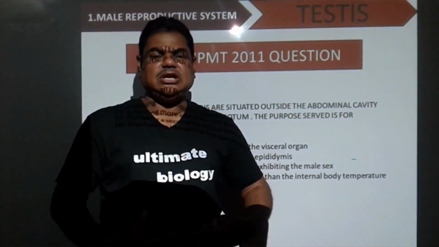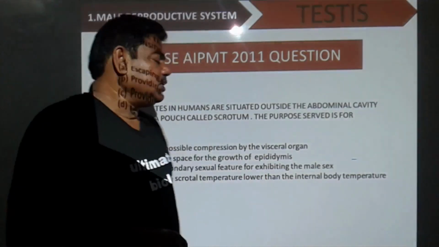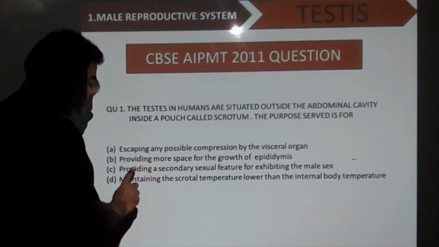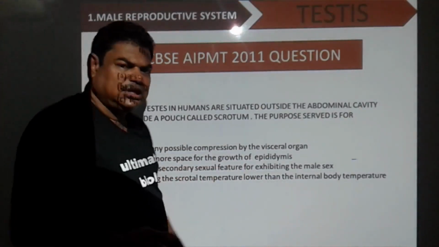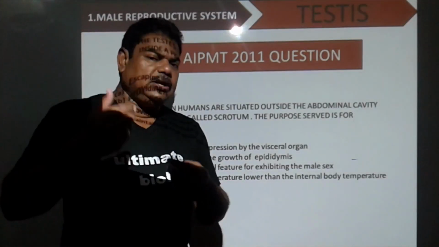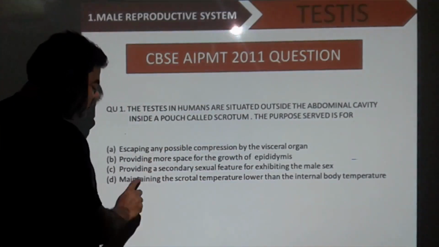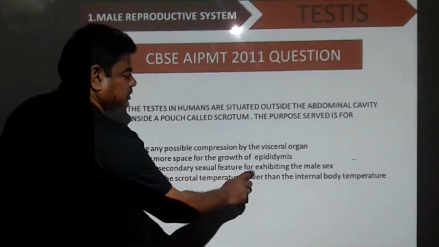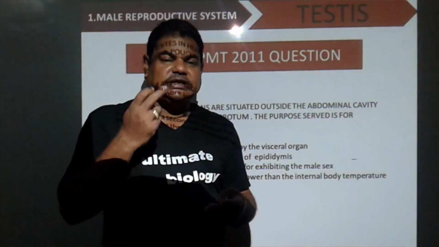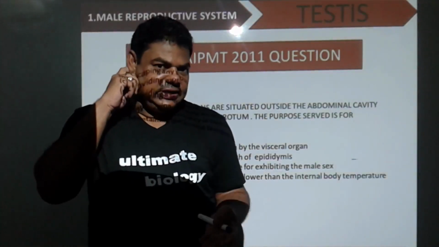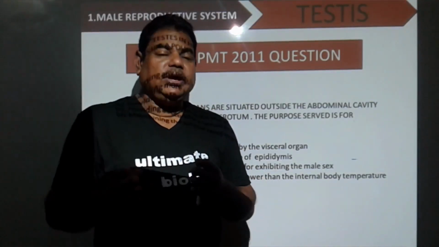But the testes are present outside the abdominal cavity, so this option is wrong. Second, providing more space for the growth of epididymis. There is no need to provide more space for the epididymis, so this one is also wrong. Then providing secondary sexual features for exhibiting the male sex. Secondary sexual characters are like mustaches, voice change, pubic hair and so on.